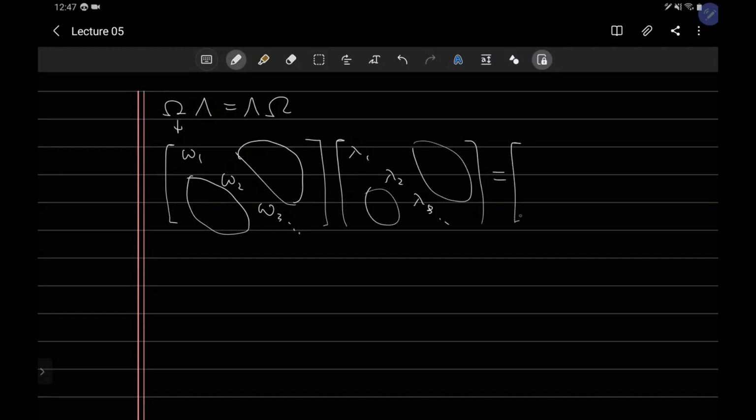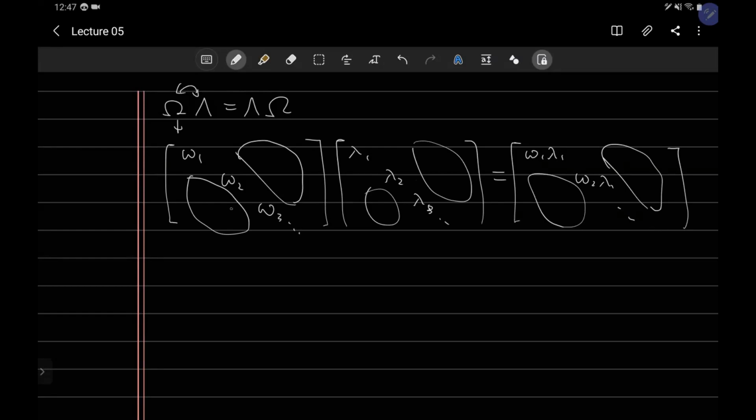Then what is the result of this product of two matrices? It will be as simple as omega 1 lambda 1, omega 2 lambda 2, and so forth. And again, all the off-diagonal elements will be 0. Even if we change the order of the multiplication, the result of the product will still be the same.